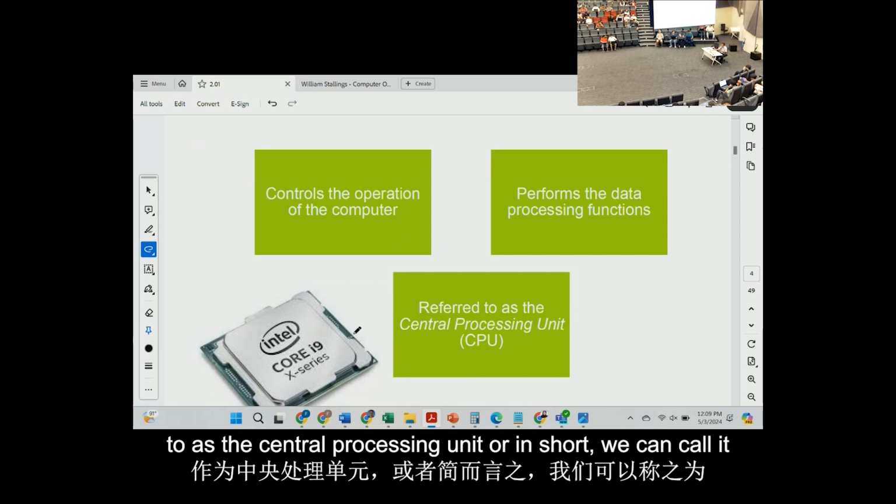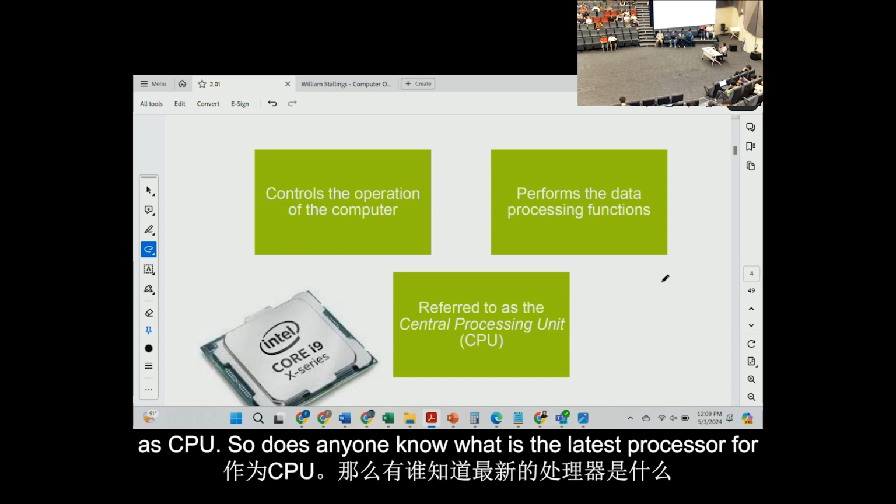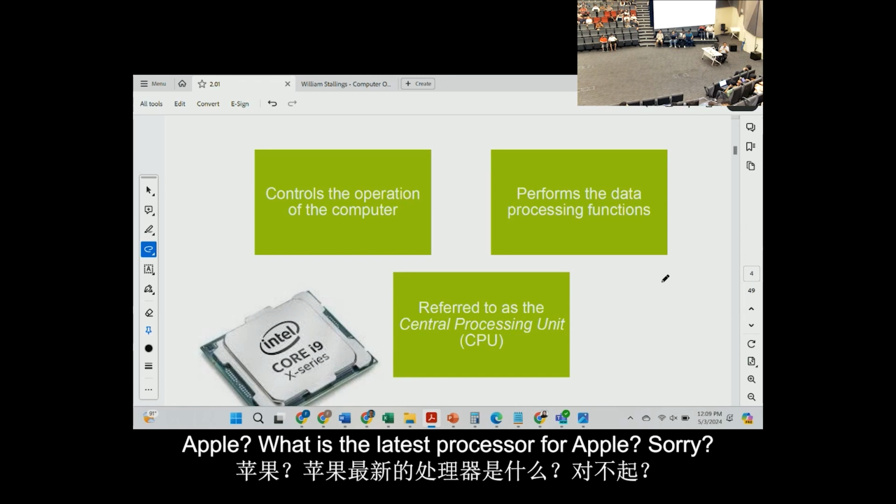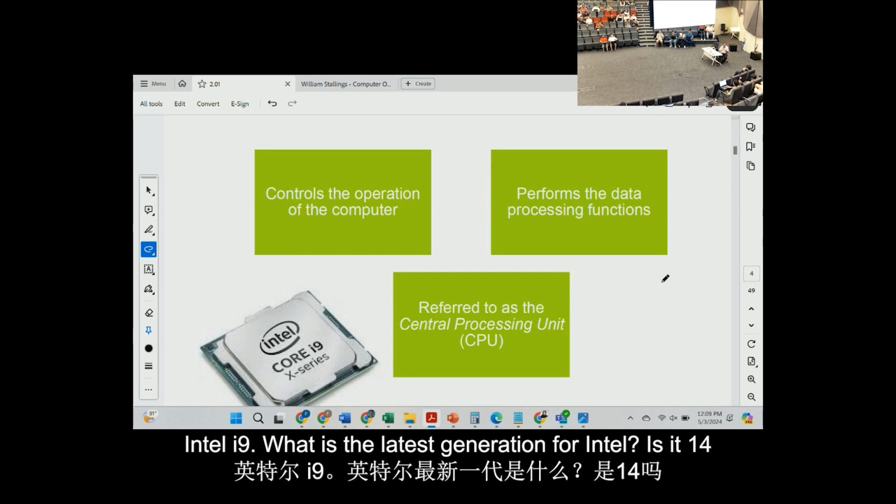Does anyone know what is the latest processor for Apple? A17 Pro. And for Intel, what is the latest generation of Intel i9? Is it 14 or 15?